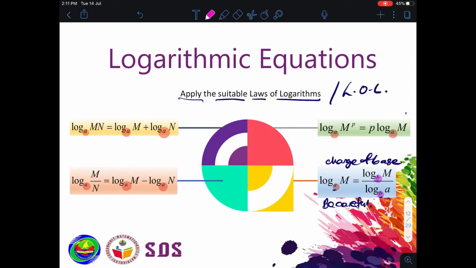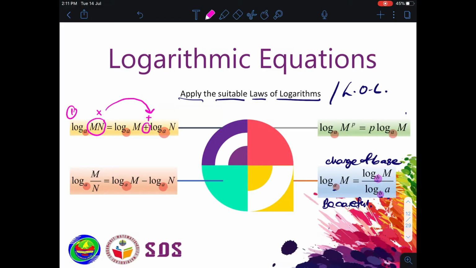Now I'm going to give you a trick on how to memorize these 4 laws of logarithm easily. Number 1, if you have the log of 2 functions multiplying each other, you separate them by putting a plus in the middle.